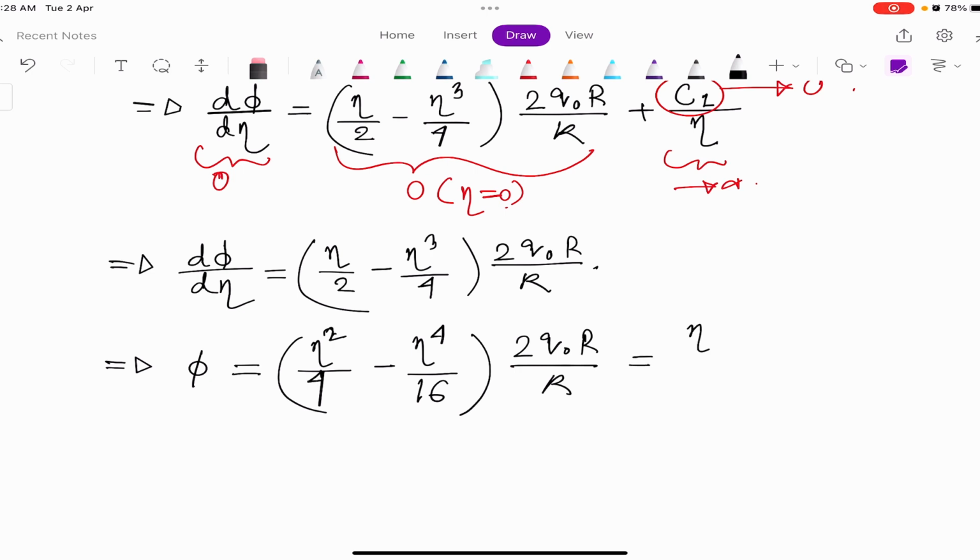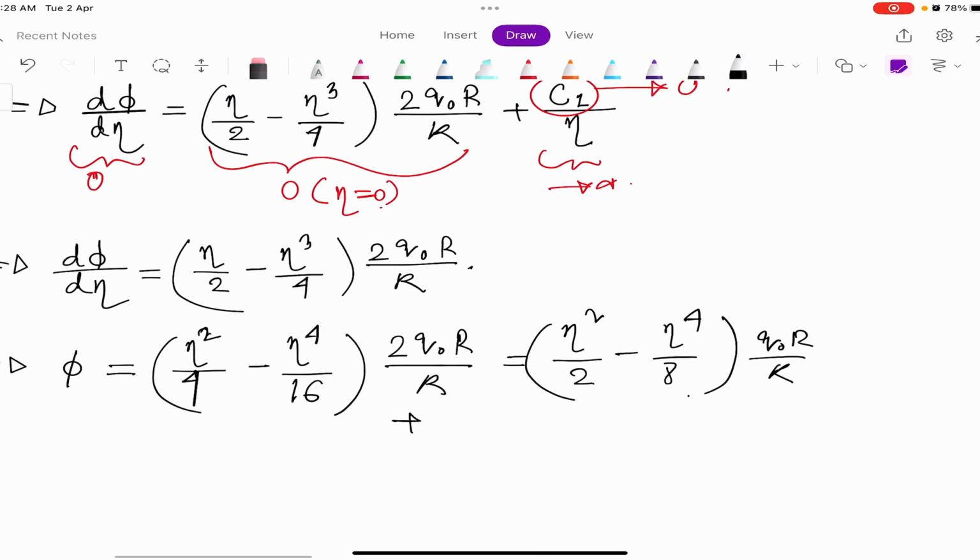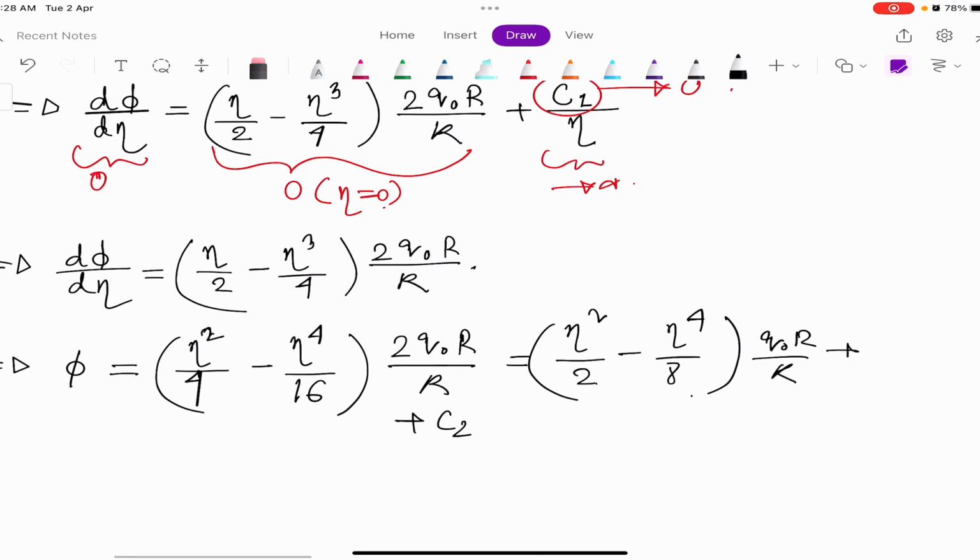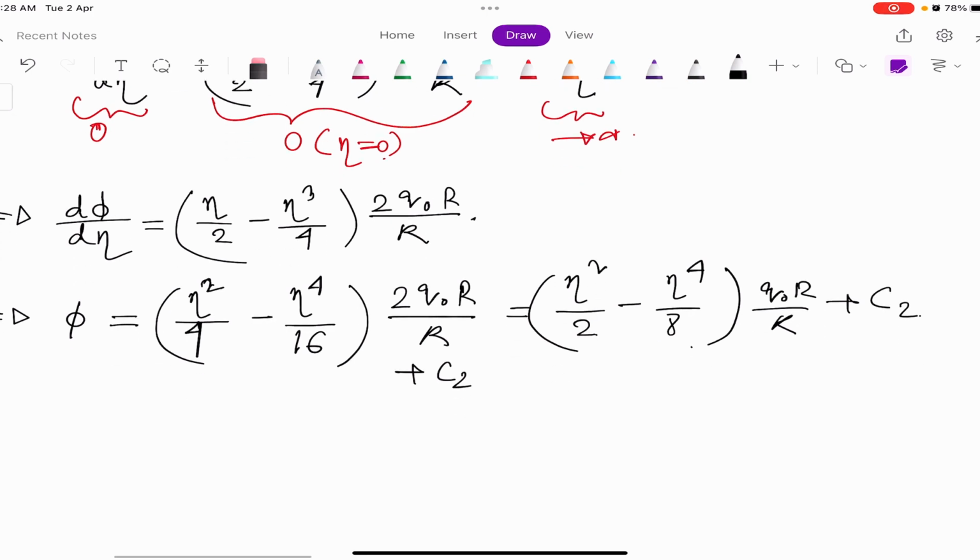So that will be equal to (η²/2 − η⁴/8) into q₀R/k. And here is the constant of integration, so plus C2.